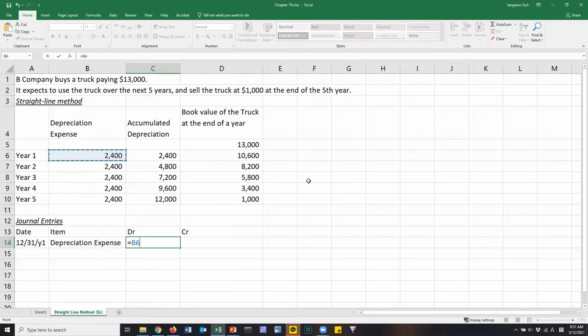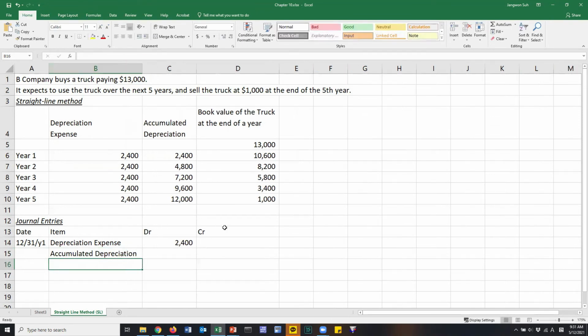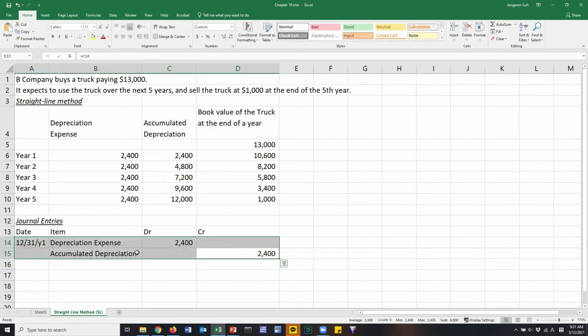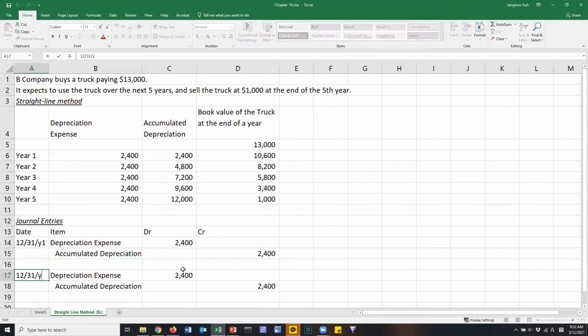Here it is. And then you credit accumulated depreciation. How much is it? The same amount. You do the same thing again and again over the next 5 years: year 2, year 3, 4, and 5.